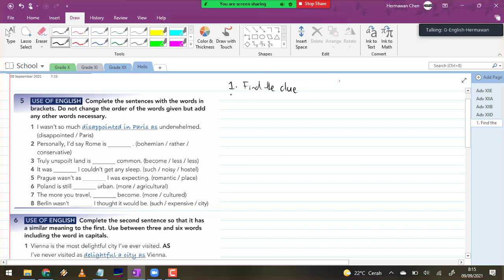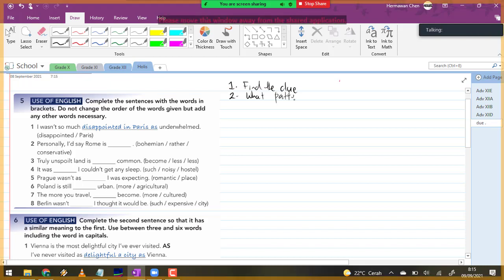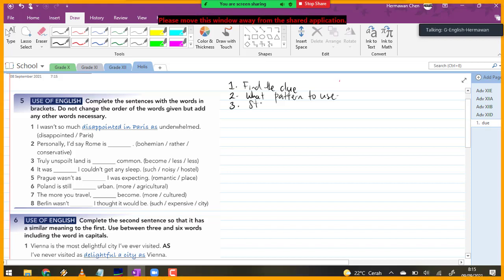From the clue you will know what pattern to use. Once you have known the pattern, remember that you start from the subject. Okay, find the subject and you start from the subject, and then follow the order of the pattern.